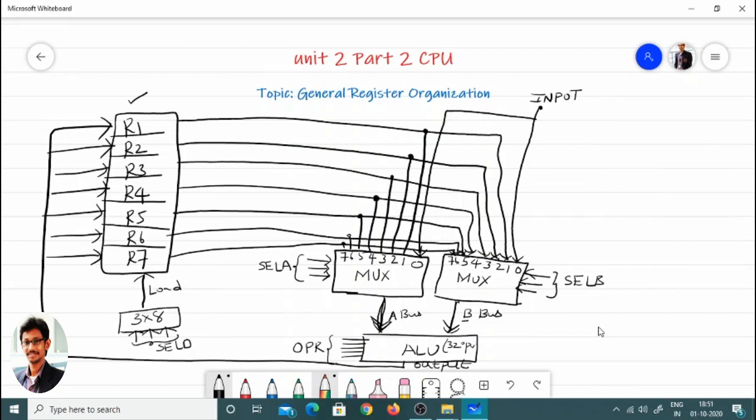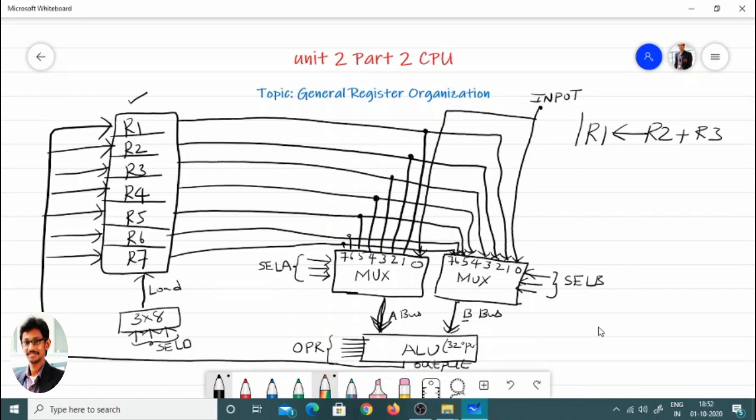Now we'll understand how this general register organization in CPU performs operations. Let us take the operation: R1 content is the sum of R2 content and R3 content. Now this is the operation.